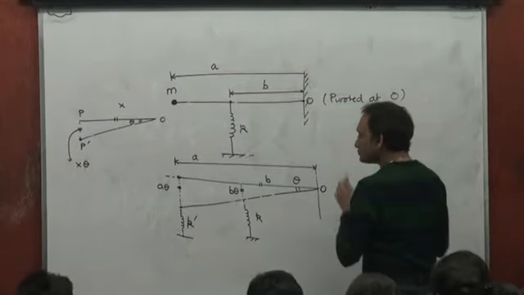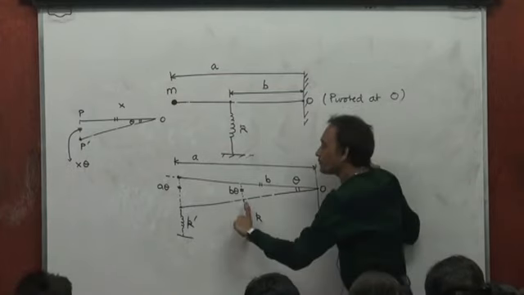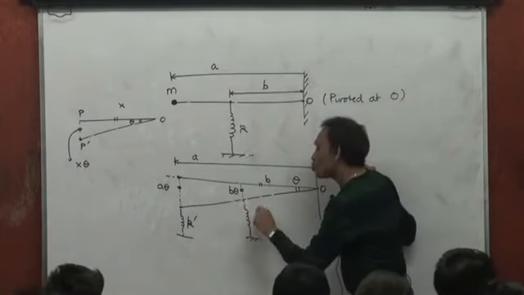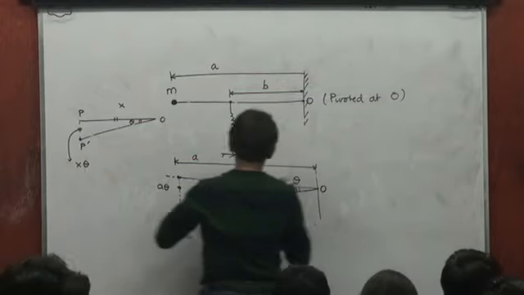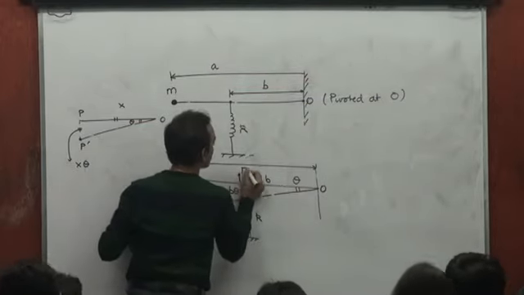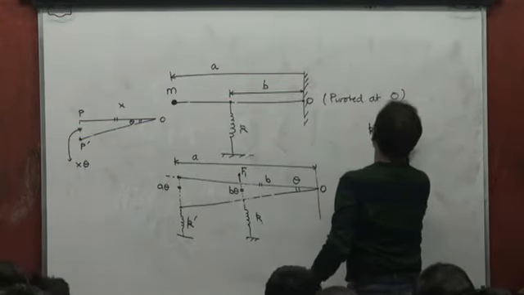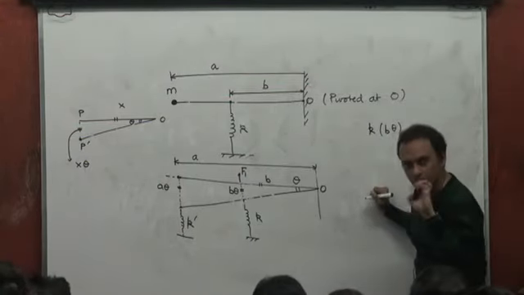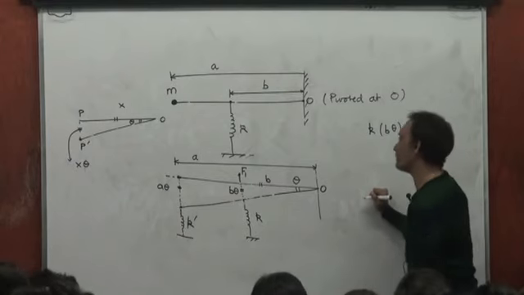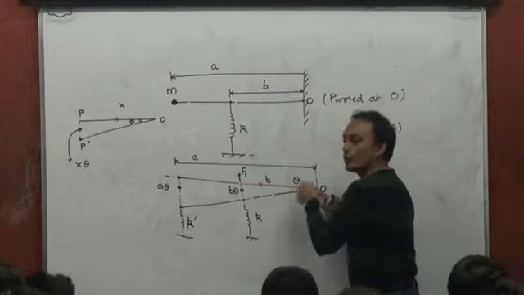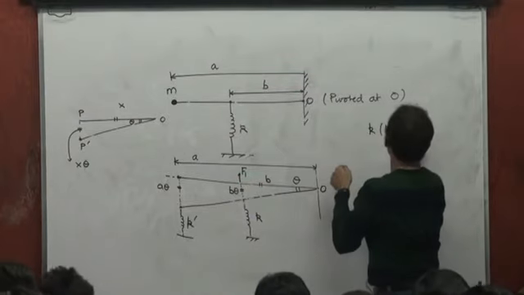Now, this spring has got compressed by an amount b theta. So what's the spring force acting upward? F1, the spring force here, is K into b theta, K into the compression of the spring. What's the torque that this spring force produces about O? Into b.